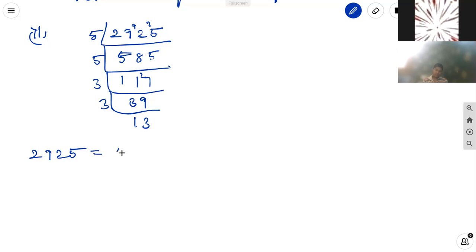So 2925 can be written as 5 into 5 into 3 into 3 into 13. Here 13 is not in pair.